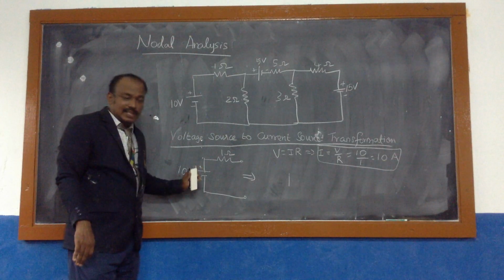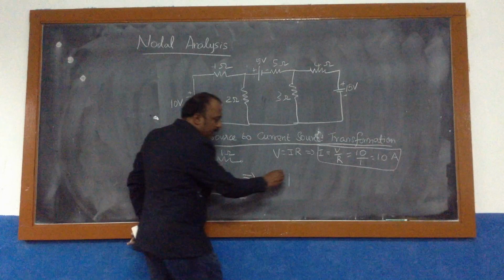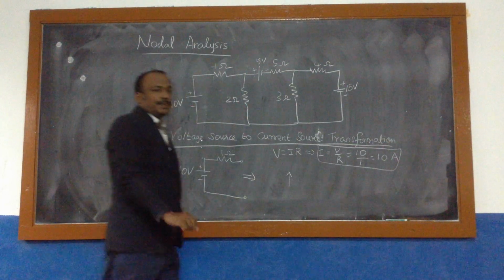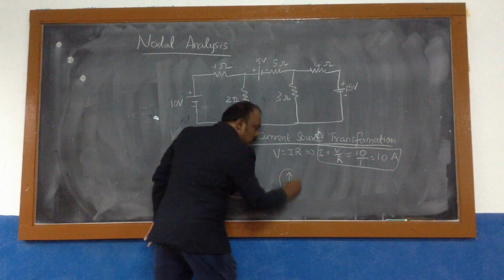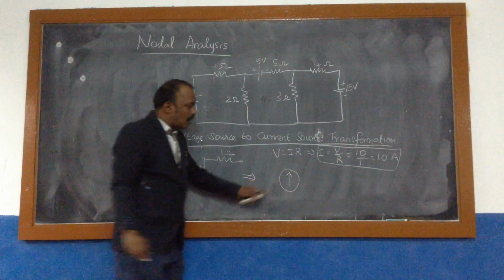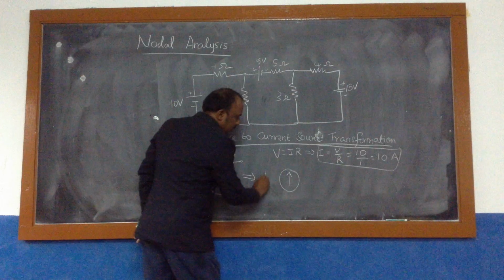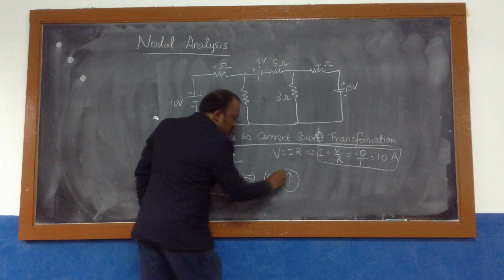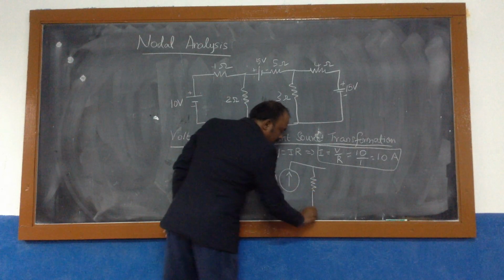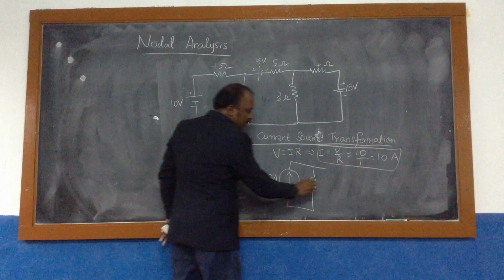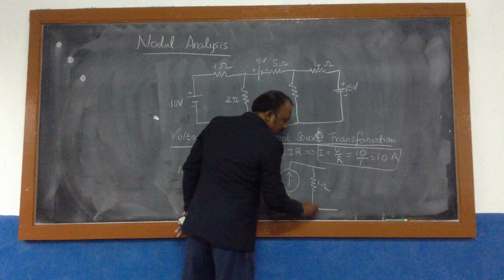The positive is at the top, so you have to put the arrowhead at the top. So this is the symbol for the current source after conversion. We calculated 10 amps, and the current source should be connected in parallel with the resistance, the 1 ohm internal resistance.